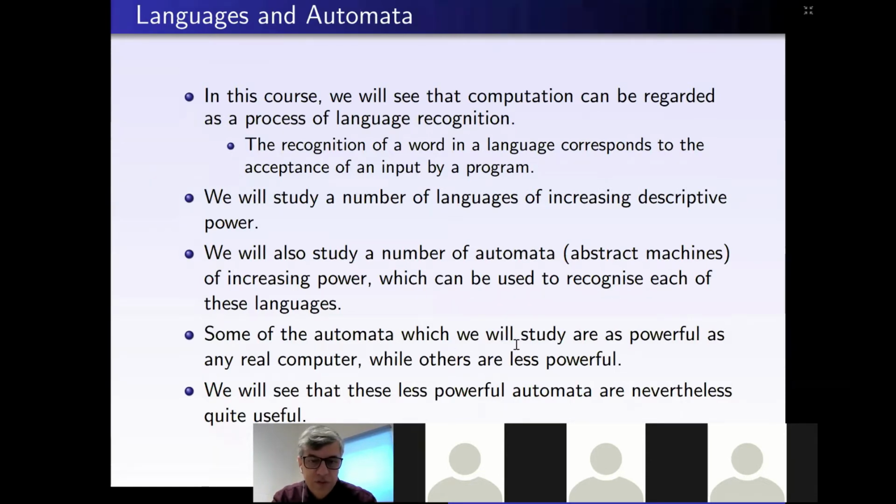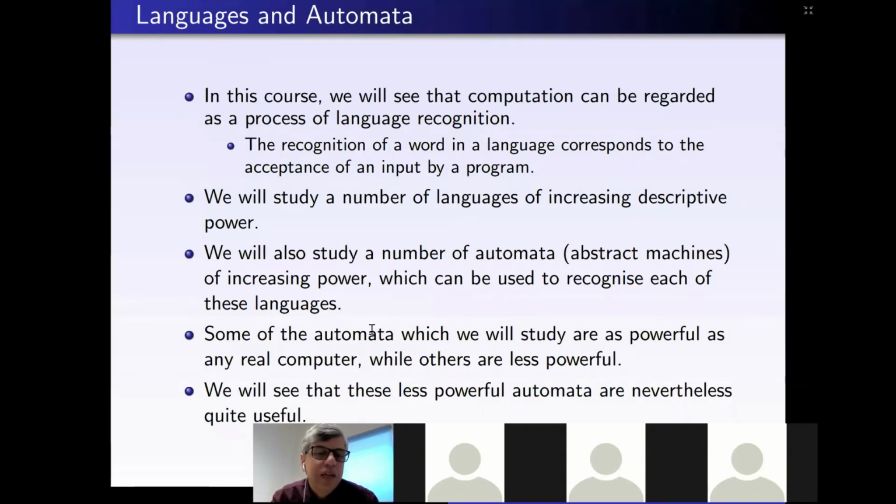Some of the automata which we will study are as powerful as any real computer, while others are less powerful. It is really similar. To be honest, the comparison we have in the physical world of whether one machine is more powerful than the other comes from that comparison in the abstract, in the automata. It is the same.